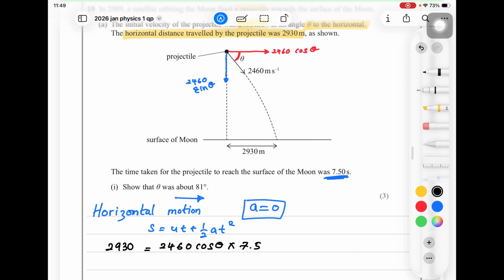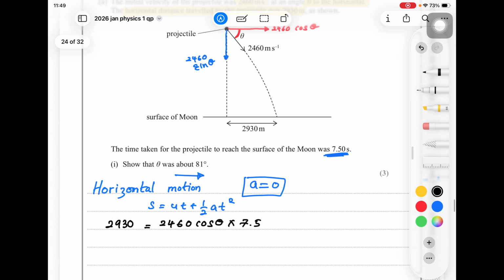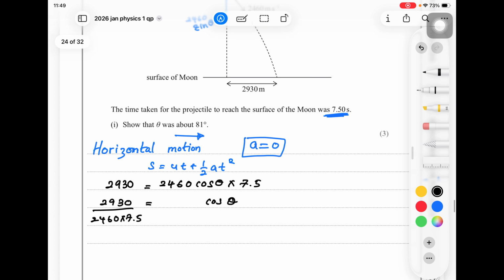Now it's just a matter of rearranging. So cos theta equals 2930 divided by 2460 times 7.5.